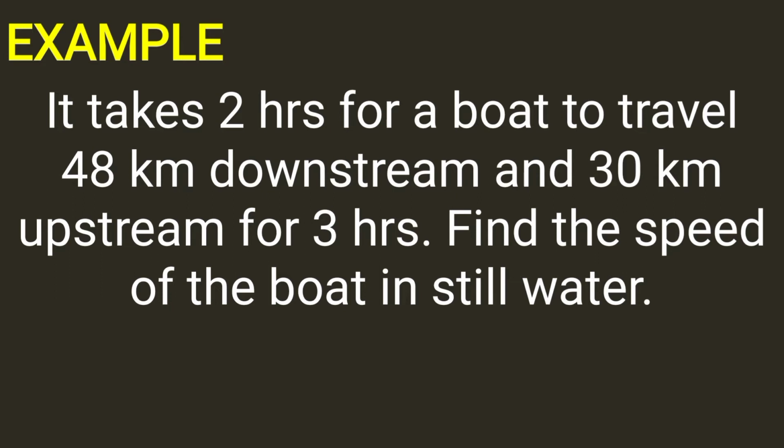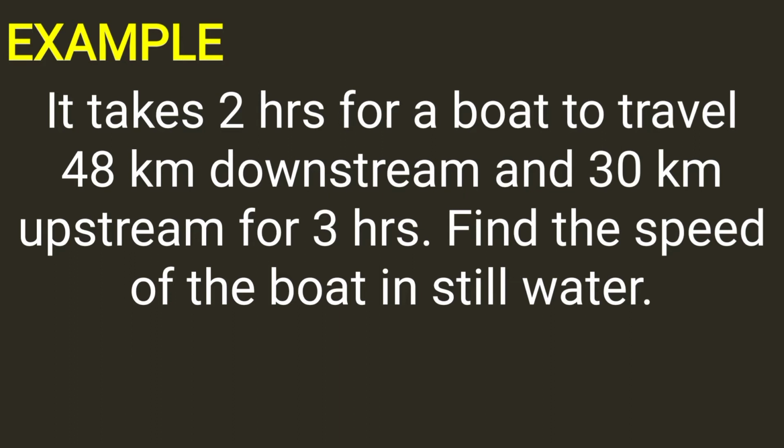In this kind of problem, we're dealing with the current of the water. When we say downstream, obviously the boat travels faster, because the current flows along with the boat. Unlike upstream, where there is a current that slows down the boat. What we are looking for is the speed of the boat in still water.